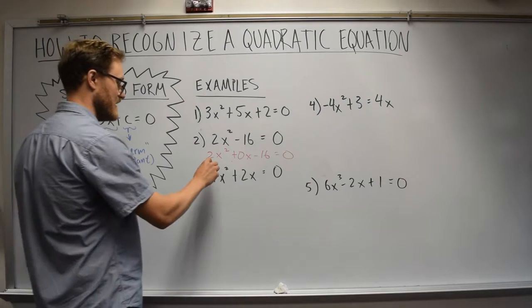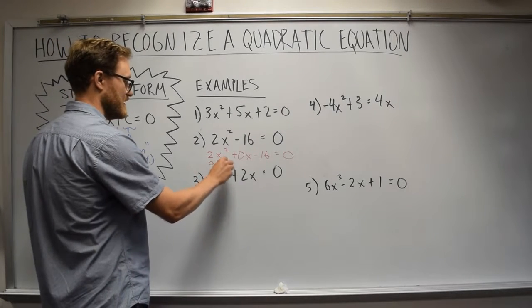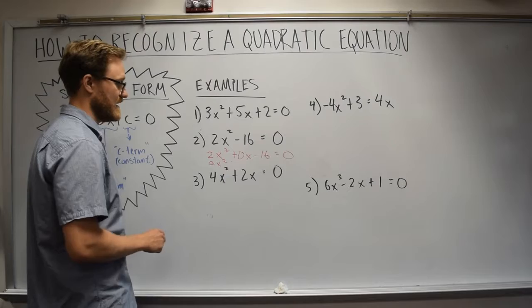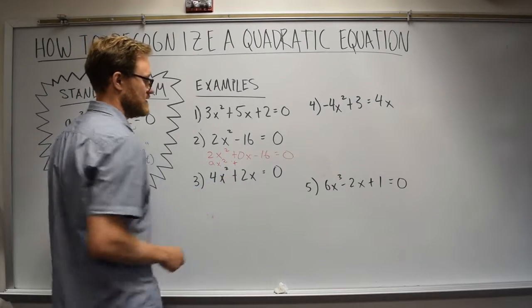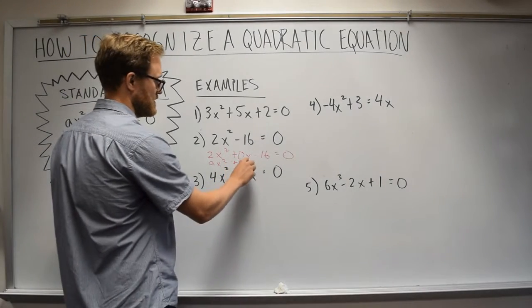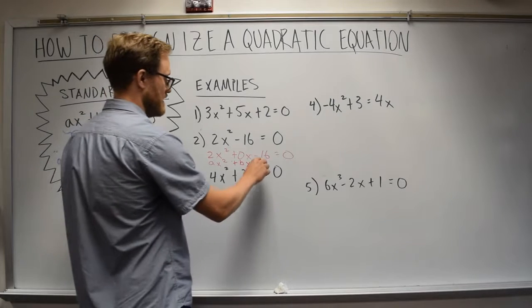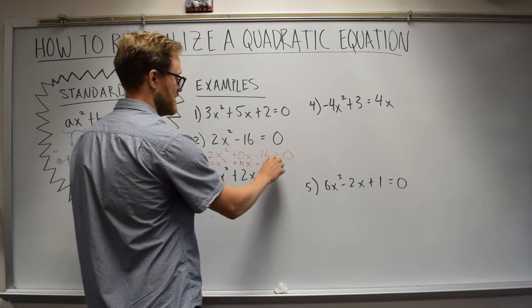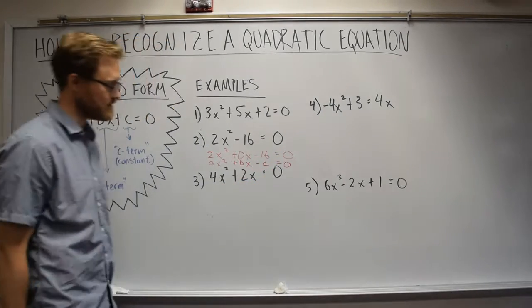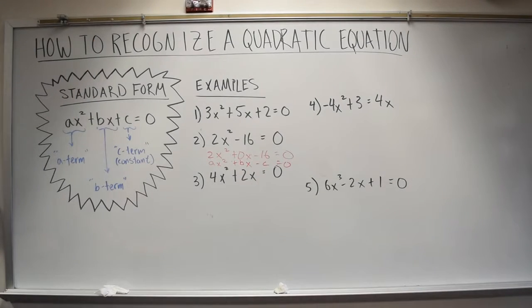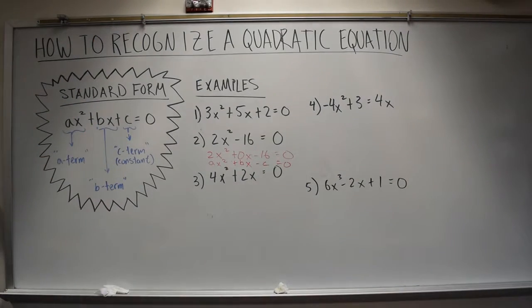But now when I look at it, my 2x squared is my a term, 0x is my b term, and then 16 is my c term. So I've rewritten it in standard form, so it is a quadratic equation.